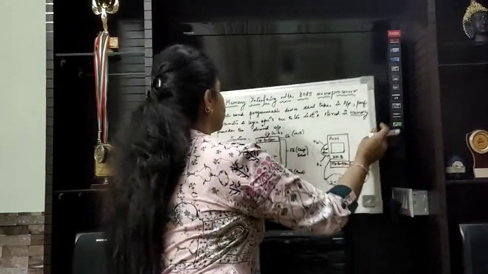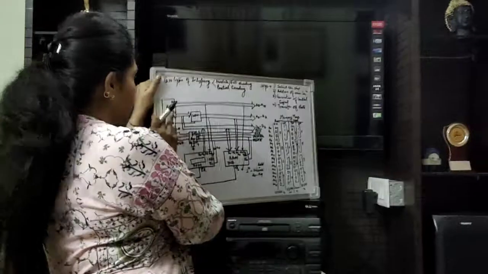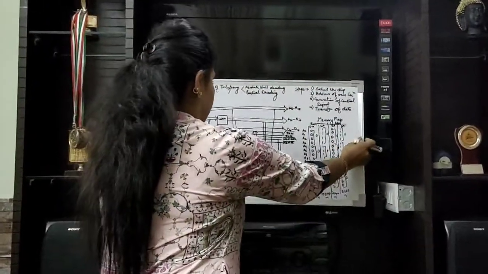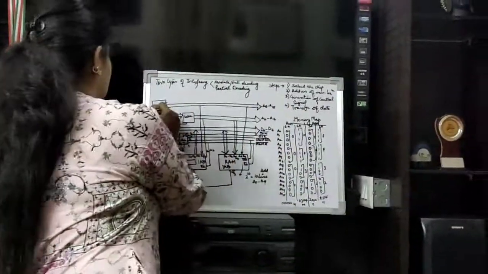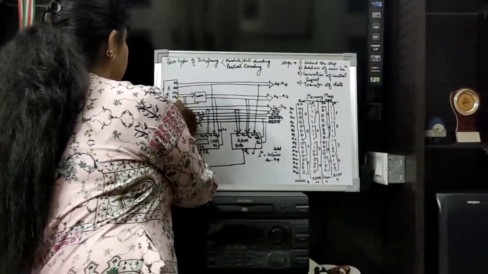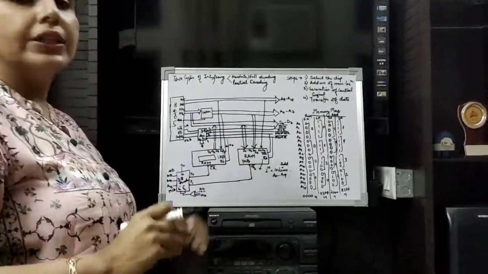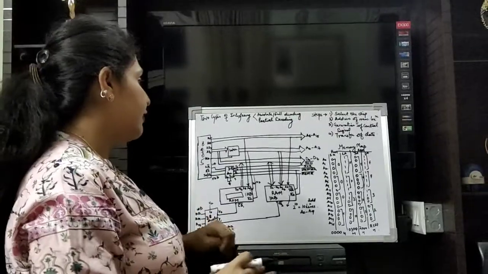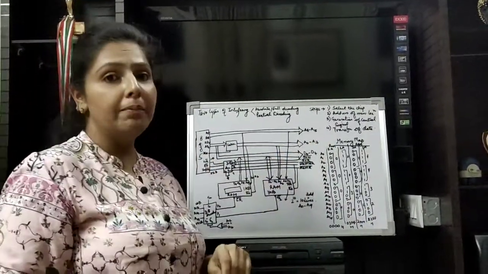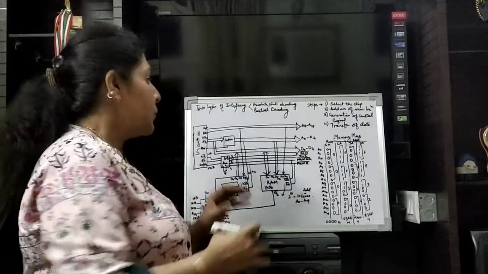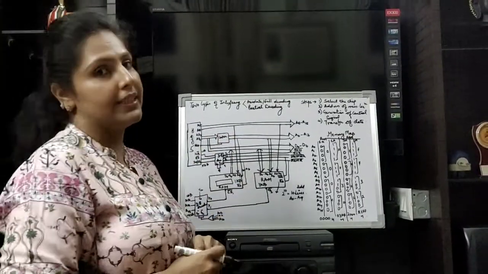Now we are in a process. Here I will explain the interfacing of 8085. No doubt it is a huge diagram, but it will be easier for you to understand the concept of memory design.